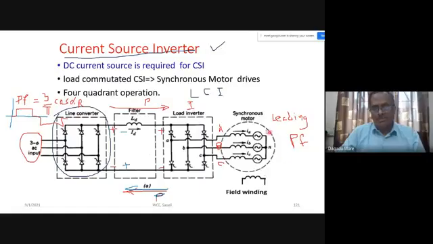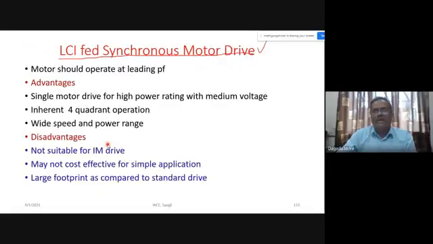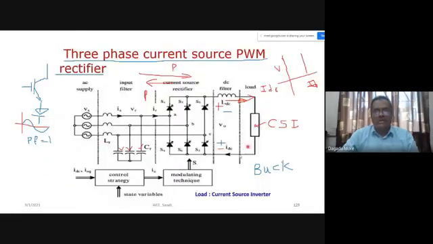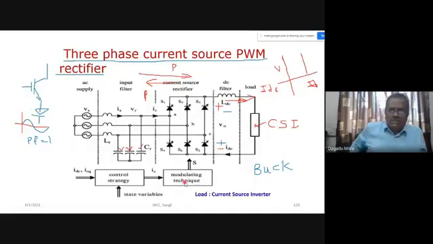Our interest is to go for a similar scheme with the help of a PWM current source rectifier. For that we have this circuit diagram for the current source PWM rectifier. The remaining things we will discuss next time.